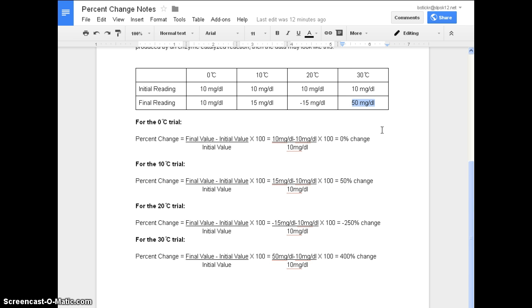So that is significantly more than what you started with. The reason it's 400% change is if 10 represents 100%, 20 you've increased by an additional 10, right? So that's 200% change. If you increase by another 10 milligrams to 30, that's going to be an additional percent change, and then you go up to 50, you end up at 400% change.